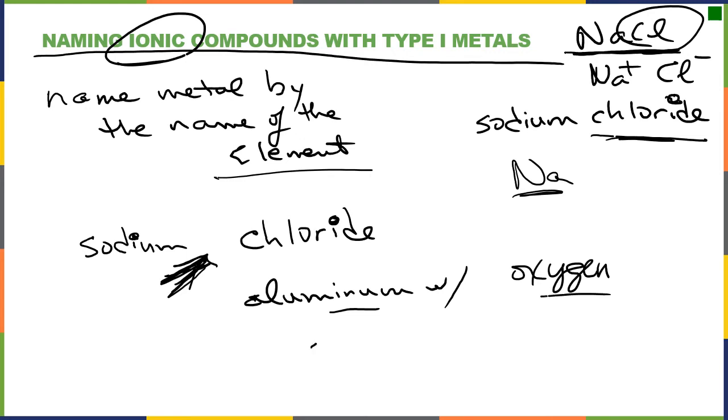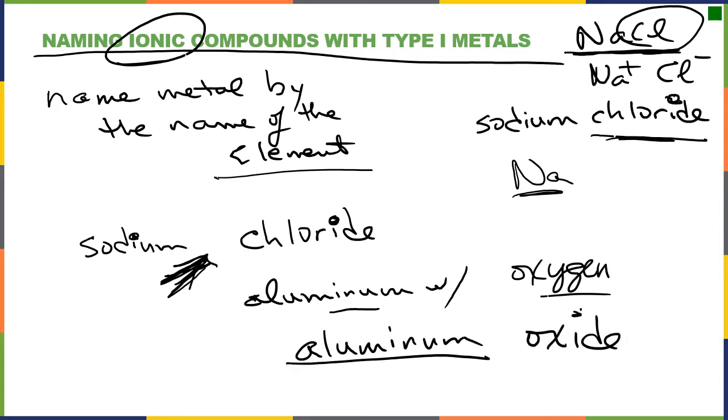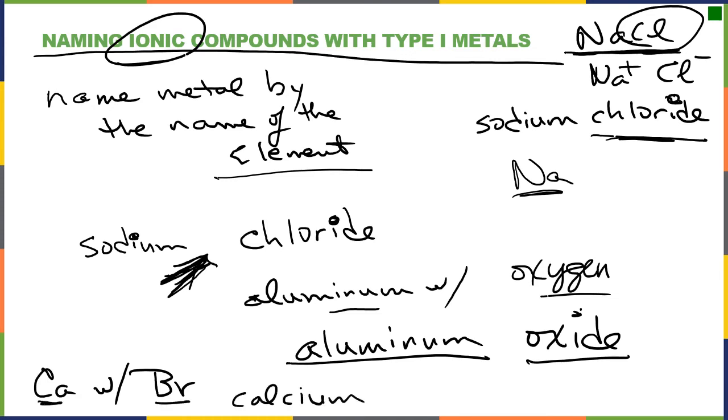And we know we would name it aluminum oxide because we name it by naming the metal by the name of the element followed by the name of the anion. If we wanted to do a compound of Ca with Br, we name Ca by the name of the element, which is calcium. We name Br by the name of the anion, which is bromide.